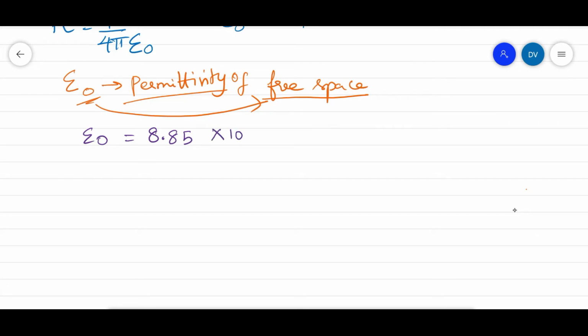8.85 into 10 to the power of minus 12 Coulomb square Newton inverse meter power minus 2. So when you are memorizing the value of epsilon naught, you must memorize the value properly with 10 to the power of minus 12 along with the units.